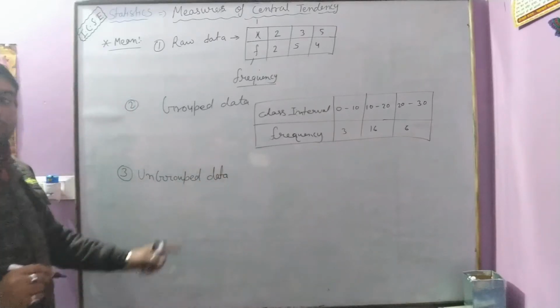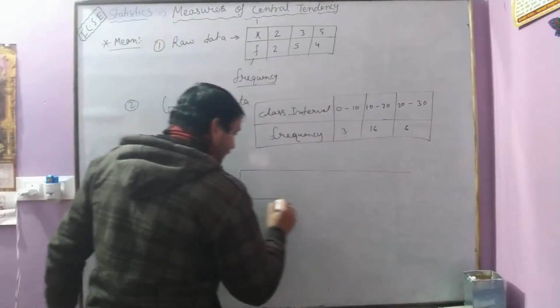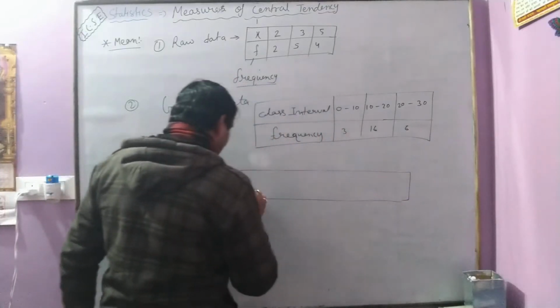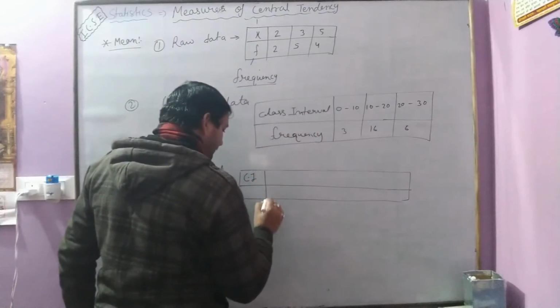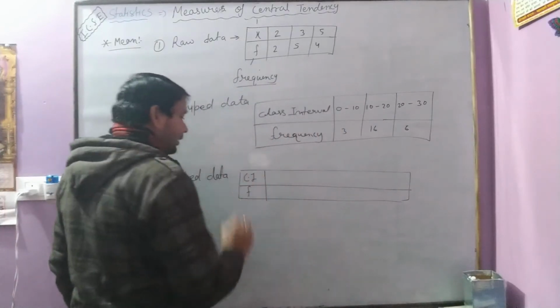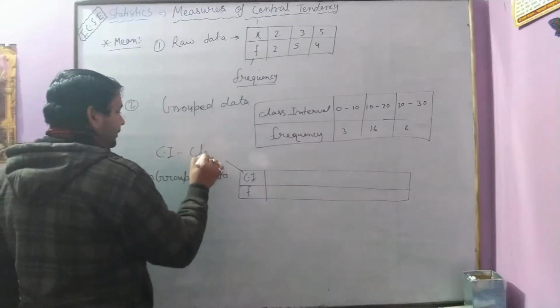Now the ungrouped data table. Again in the same manner, we have the class interval called Ci and the frequency called f, where Ci is the class interval.